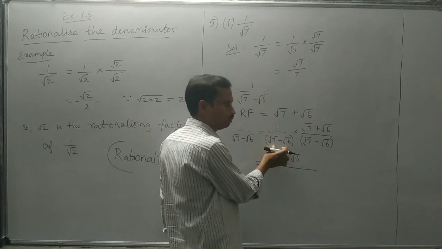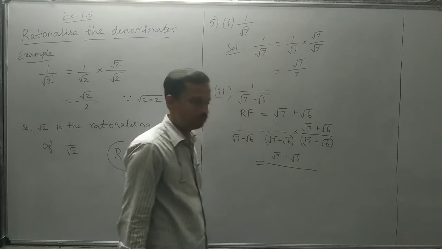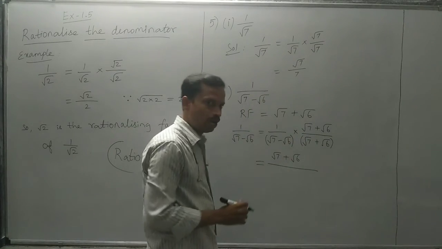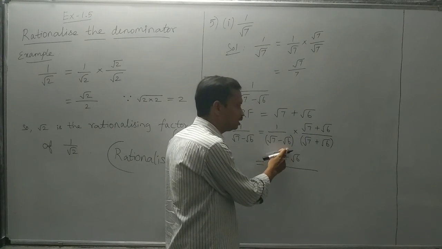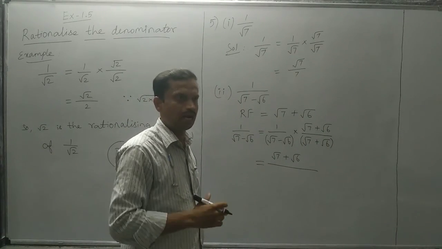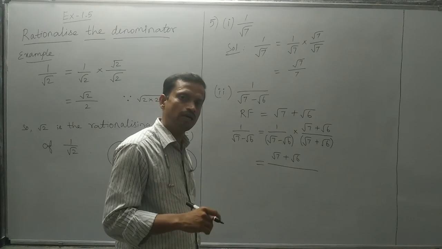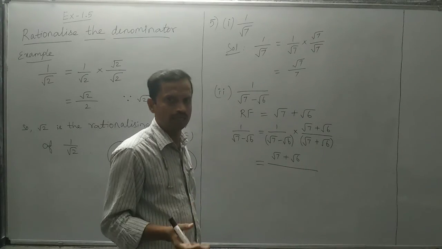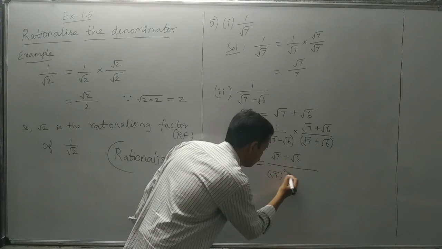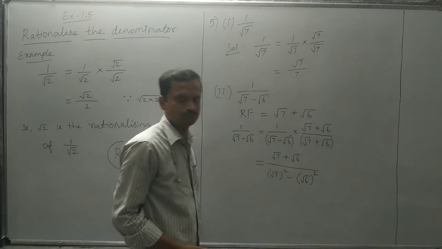So this is of the form A minus B into A plus B. This is the multiplication sign for both numerator and denominator. Okay? And A minus B into A plus B, it is of the form, so we can apply that identity. What is A minus B into A plus B? A square minus B square. So root 7 whole square minus root 6 whole square.